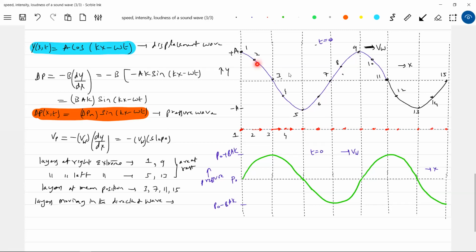They're moving in the direction of the wave. What about 6, 7, 8? Slope is positive. Wave velocity is positive. So particle velocity is negative. Negative means they're moving opposite to that one. So in what direction? They'll be moving in this direction.